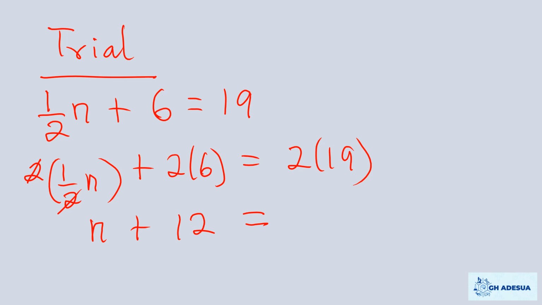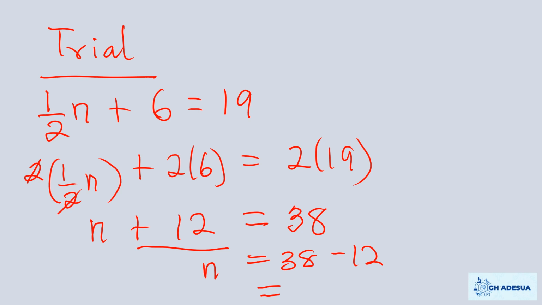So 2 times 10 is 20, plus 2 times 9 is 18. That is 38. Now you want n to stand alone, so you need to clear this. So n is equal to 38 minus 12, which is 26. So n is equal to 26.